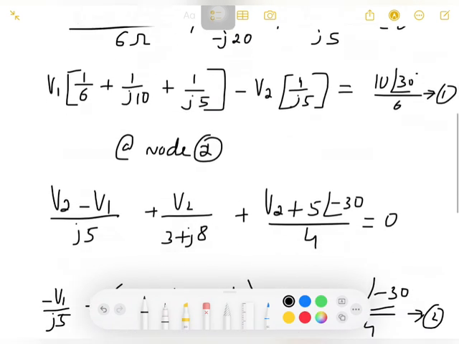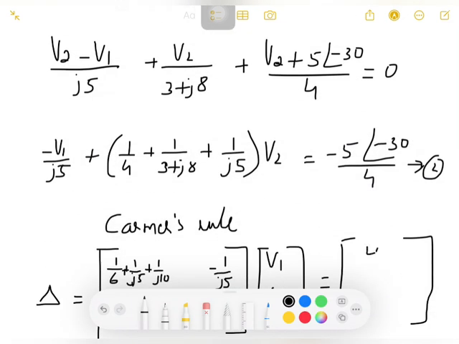and the RHS is 10 at angle 30 divided by 6.